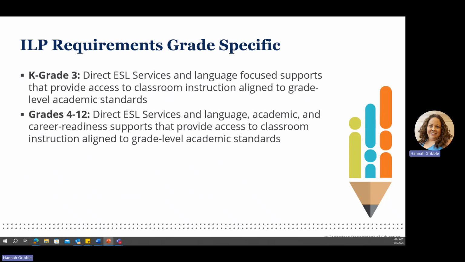In grades 4 through 12, ILPs must contain direct ESL services and language, academic, and career readiness supports that provide access to classroom instruction aligned to grade-level academic standards. Students in grades 4 through 12 have a specific career readiness section of the ILP that must be completed.